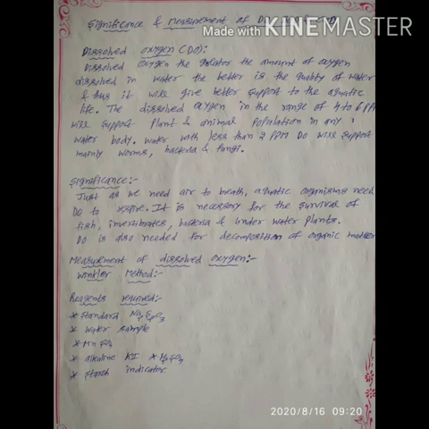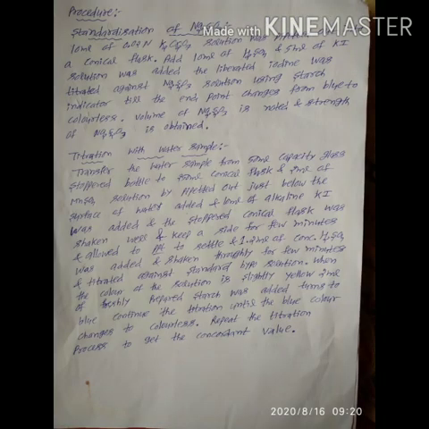Reagents required in the measurement of dissolved oxygen are standard sodium thiosulfate, water sample, manganese sulfate, alkaline KI, sulfuric acid and starch indicator. Procedure: standardization of sodium thiosulfate. 10 ml of 0.02 normal potassium dichromate solution was pipetted out into a conical flask.